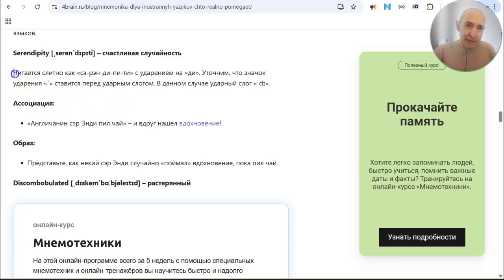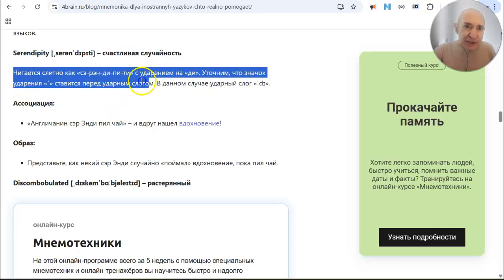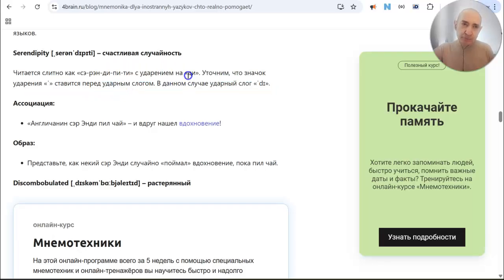And then they say, читается слитно, как serendipity, с ударением на «ди». So, читается слитно. Слитно means in one chunk. And читается means is read.